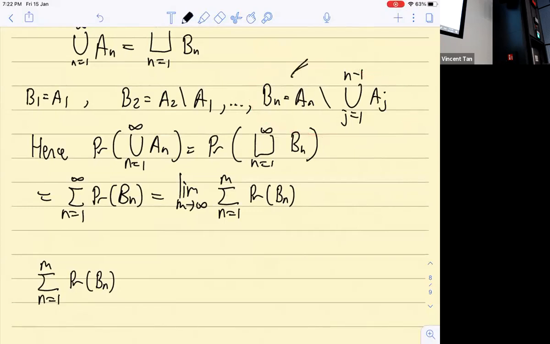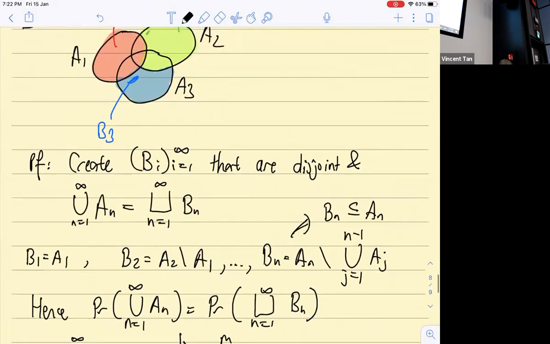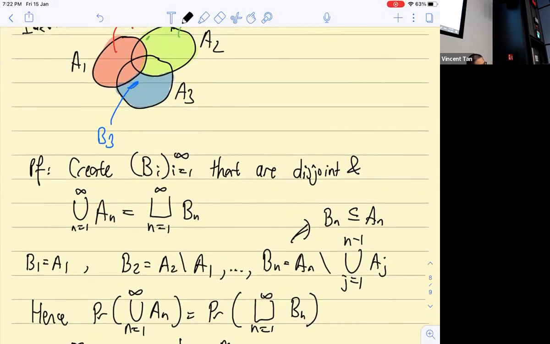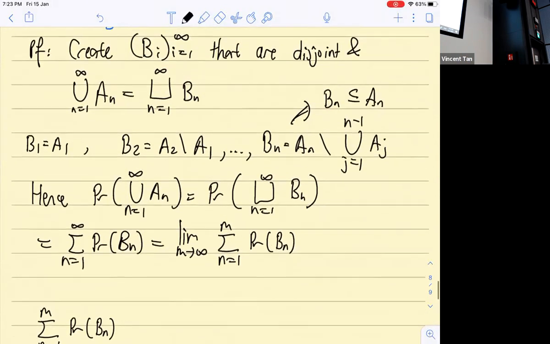From this, can you see that B_n is a subset of A_n? Look at B3. B3 is clearly a subset of A3. We are taking away from the A's in order, taking some things away from A3 to create B3. We are taking away some things from A2 to create B2. So we have this property.